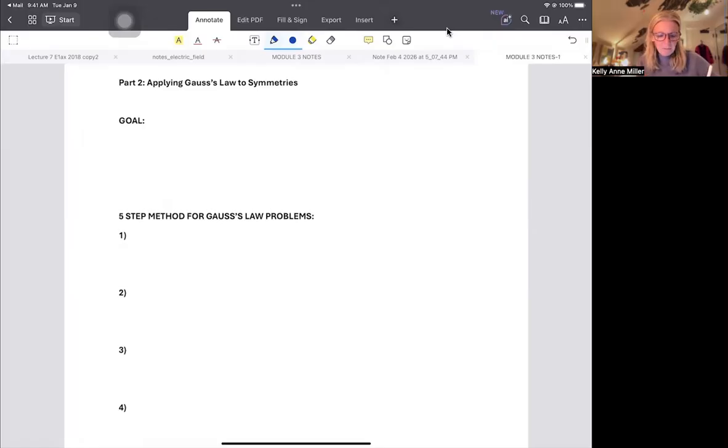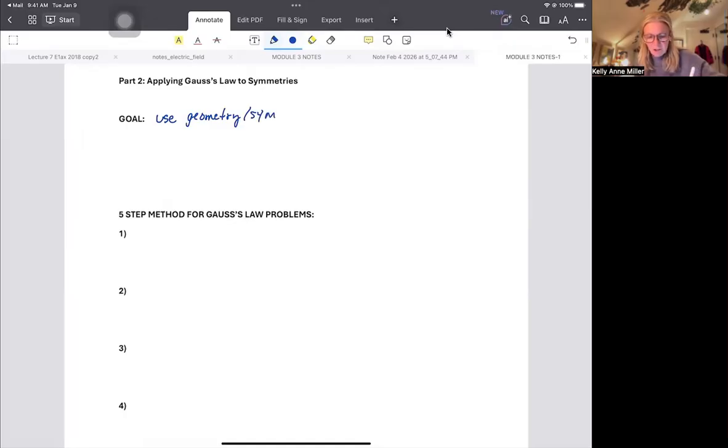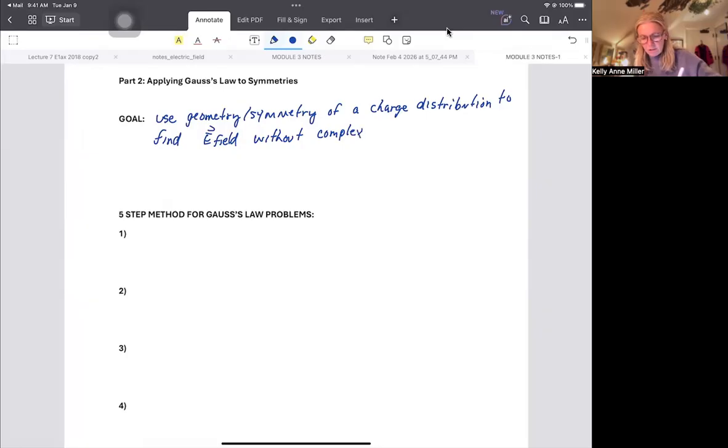So you're using the geometry and ideally the symmetry of the charge distribution to find the E field without having to use complex integration.